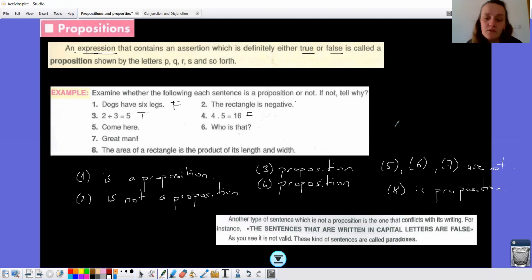It's like a paradox. As you see here, we are writing the sentence with capital letters, but in the sentence, we are saying that the sentence is written with capital letters. Okay, can I continue to the next one? Yes.